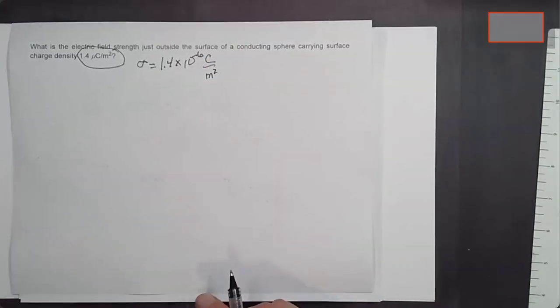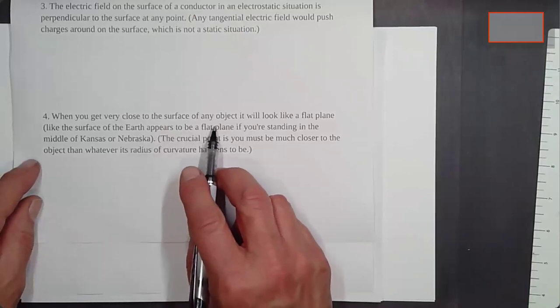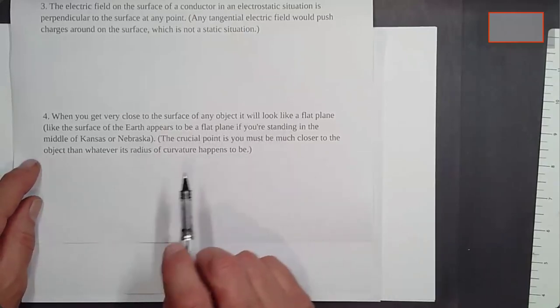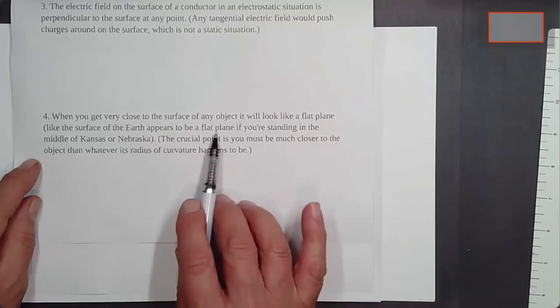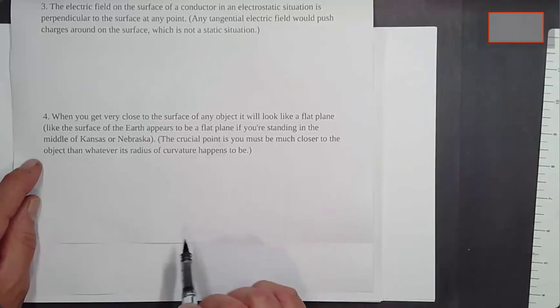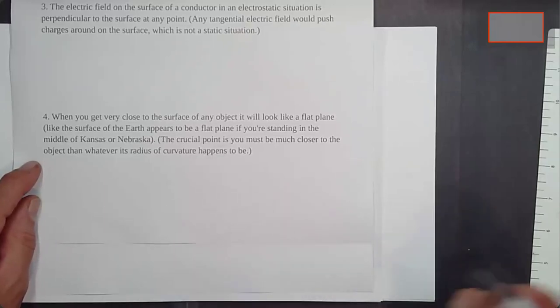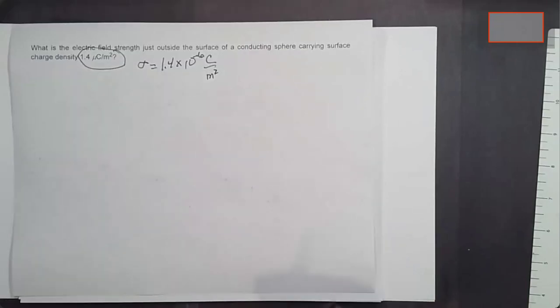However, we're going to use one of those big ideas we had, big idea number 4. When you get very close to the surface of any object, it will look like a flat plane, like the surface of the Earth looks in Nebraska or Kansas. And the crucial point is we just have to be much closer to the object than the radius of curvature. So it's going to look like a flat plane.